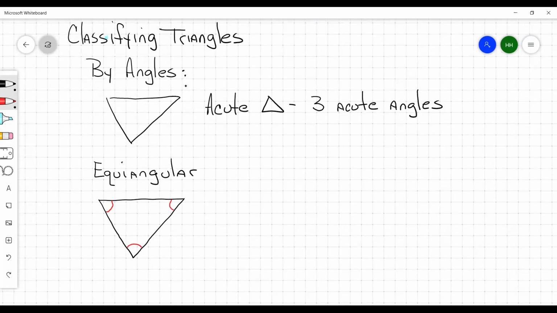So there's your arc mark symbol. Three congruent angles.